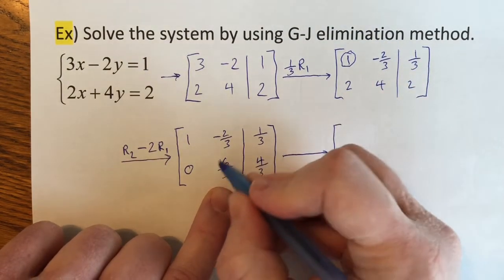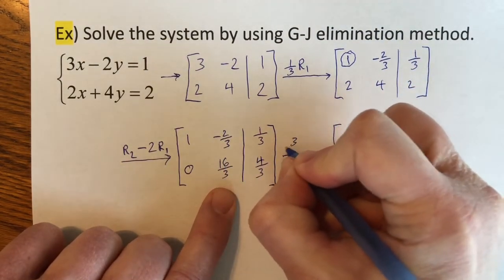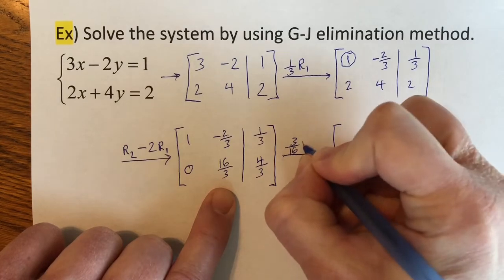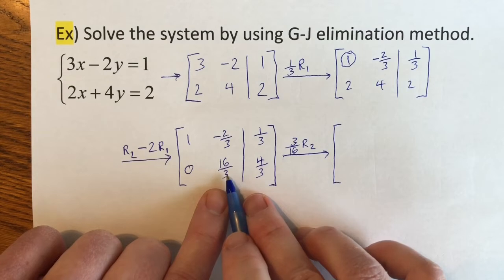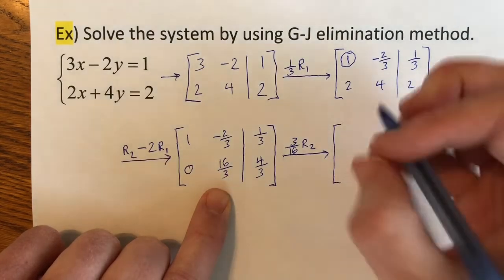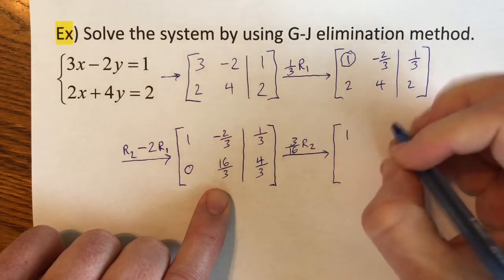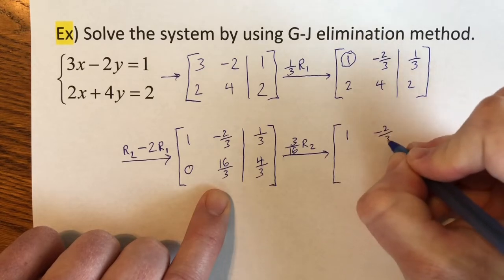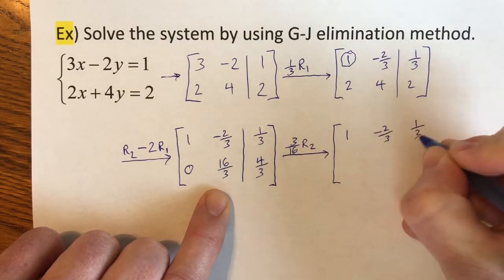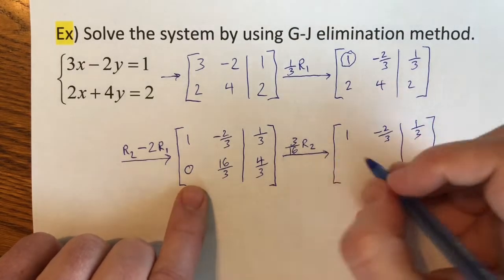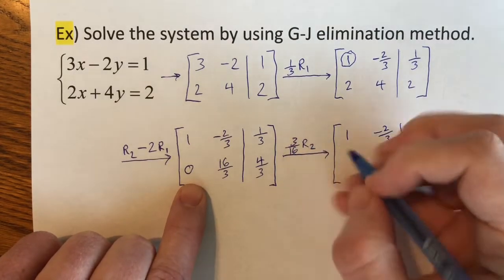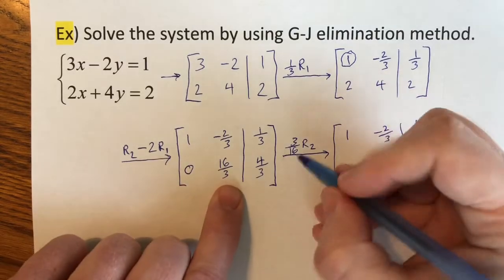So we want this to become a 1, which means we're going to write down the reciprocal of that number, 3/16, and multiply it by the row in which it's located, which is row 2. Row 1 still stays exactly the same, so we can rewrite that. Row 2 is the only row changing here.